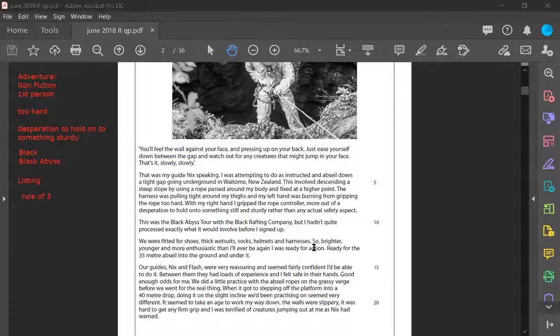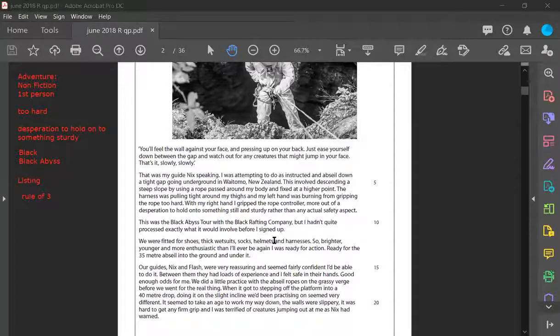The writer has chosen a listing here in order to help us understand how well they were preparing for the activity, and all the precautions that they were taking to keep themselves safe.